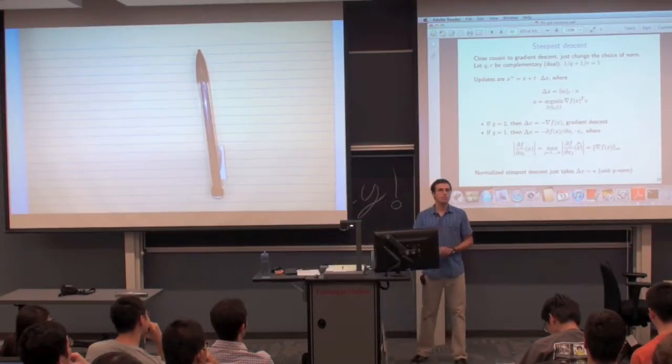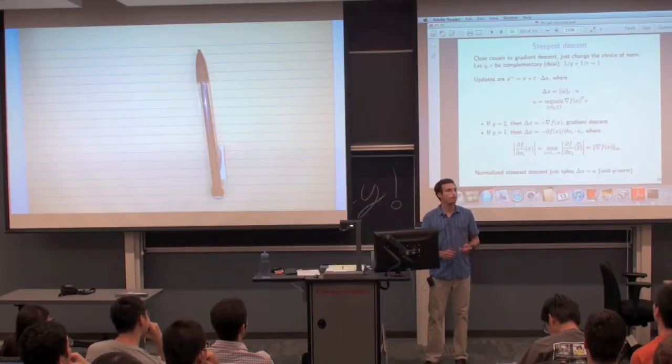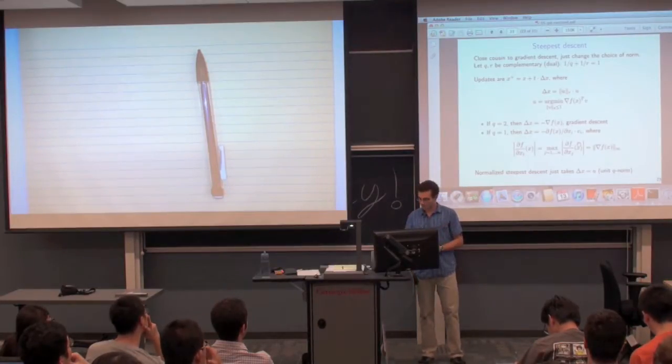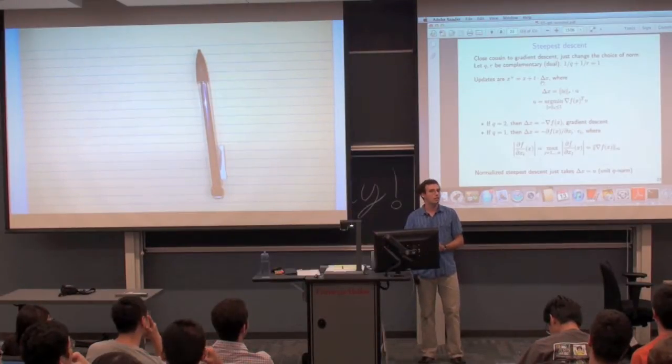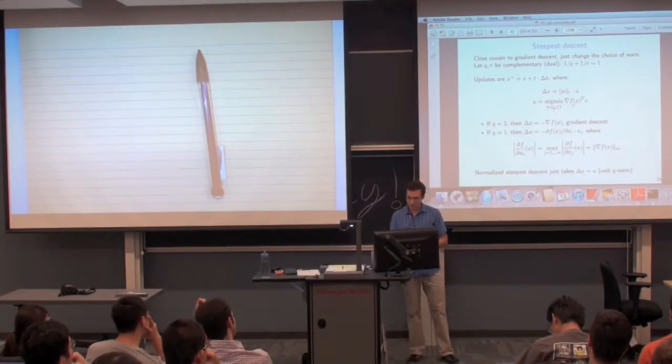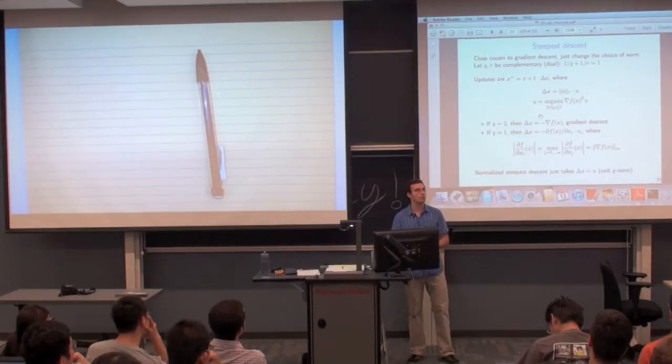I also talked about this thing called steepest descent, which is like gradient descent. It's very similar, except it uses a different norm underlying the idea in terms of which direction you go. So the updates are very similar to gradient descent. The next update is equal to x plus t times delta x, where delta x is chosen through the following steps. First, we look at the point where the inner product with the gradient is the smallest over all vectors that have unit q norm for some q.